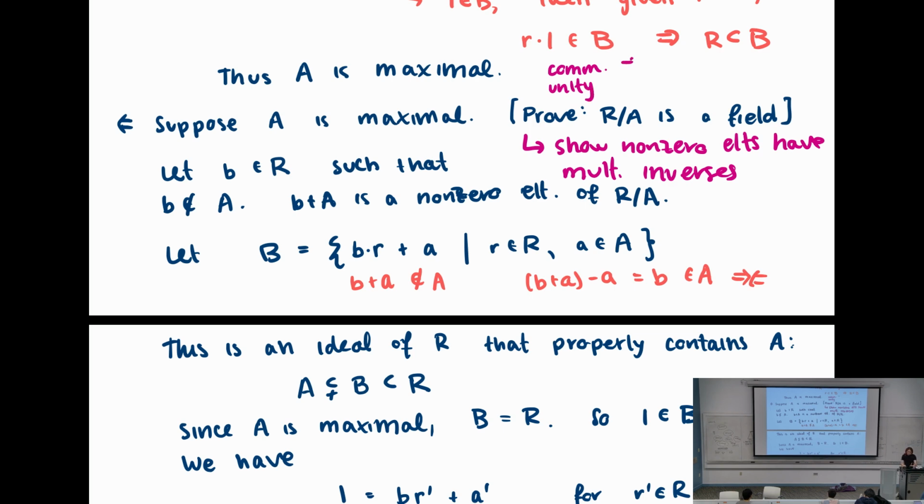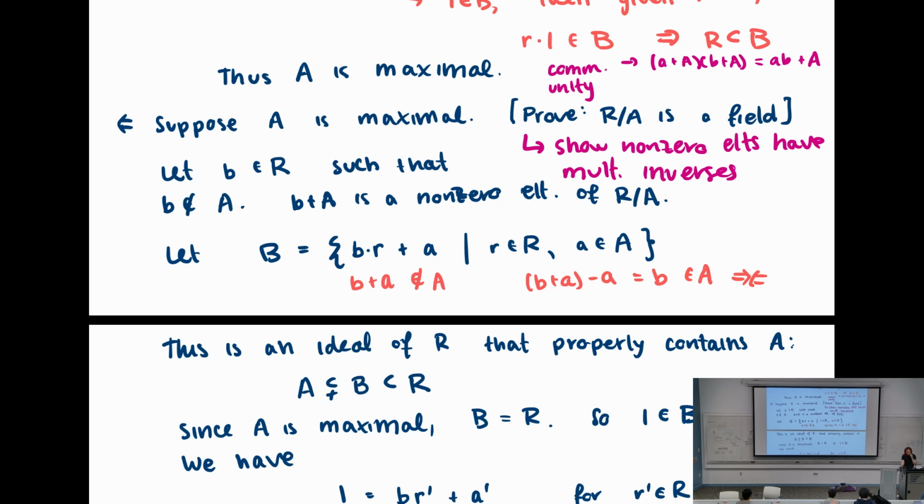Okay, so the commutativity just says that the multiplication is commutative, and the multiplication is defined like a plus A times b plus A is equal to ab plus A. But multiplication in R is commutative, so I can commute these two things. And so that shows that the multiplication in the quotient is commutative.